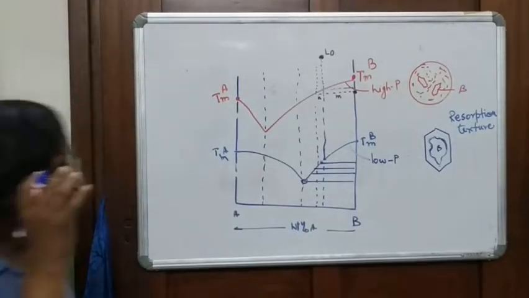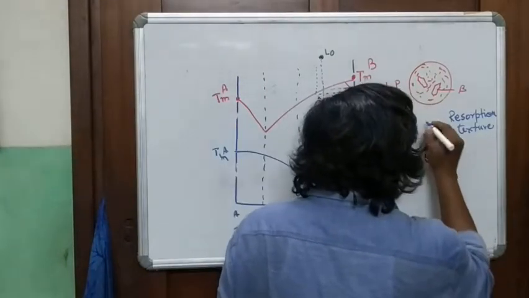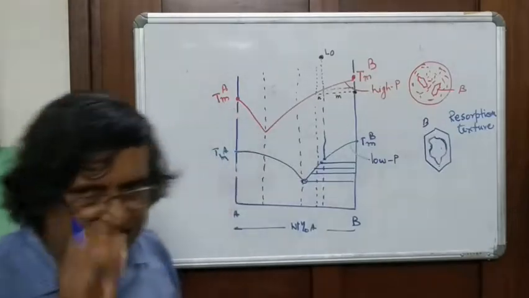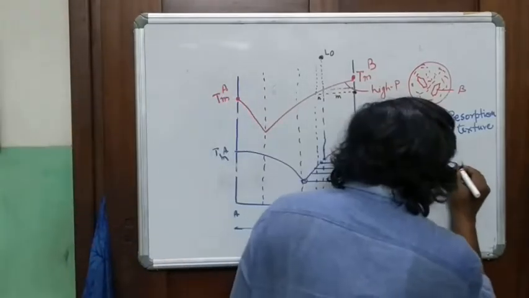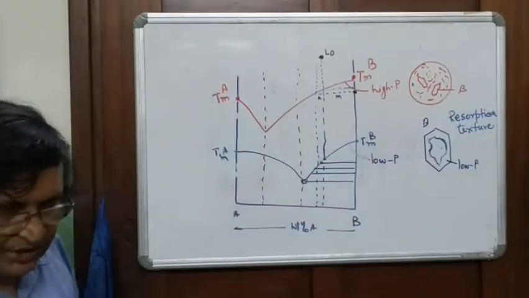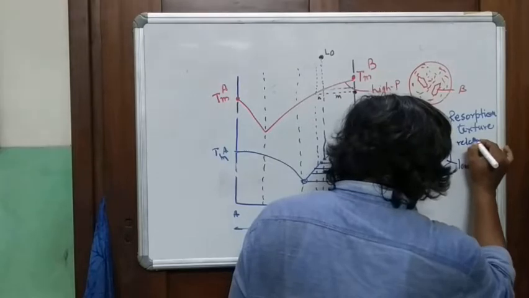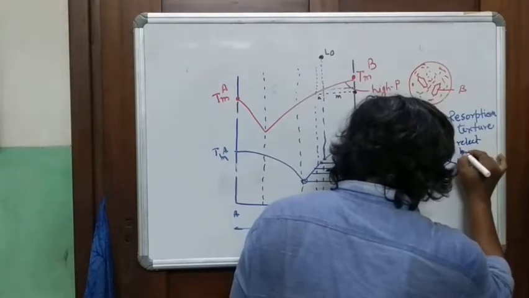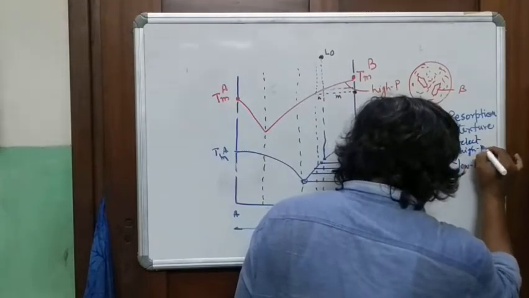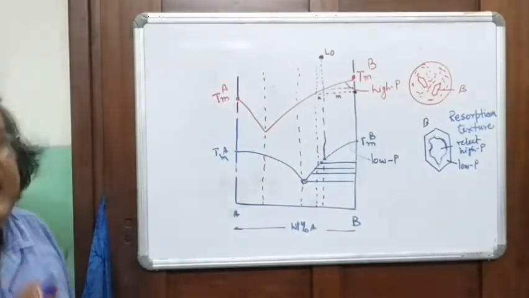into these shapes, and you will start your crystallization as before and reach this eutectic, then it will follow the same path. But what is important is that this crystal B has two parts now. One is this low pressure crystalline part, and the relict high pressure part. How will we differentiate? It is very easy.